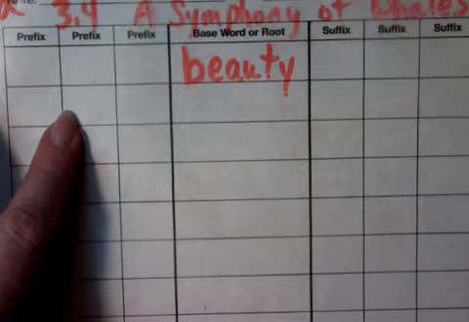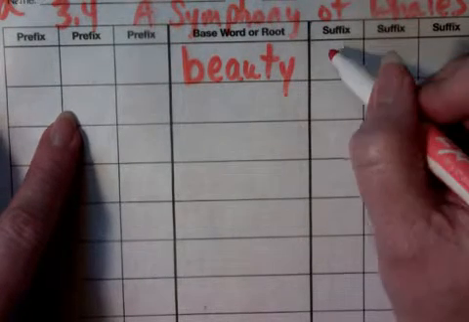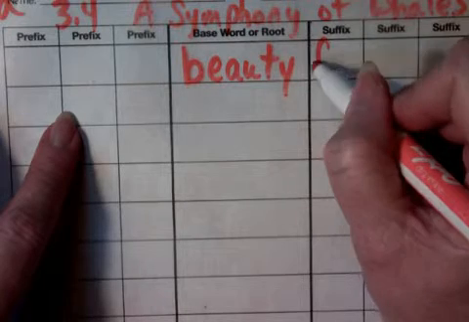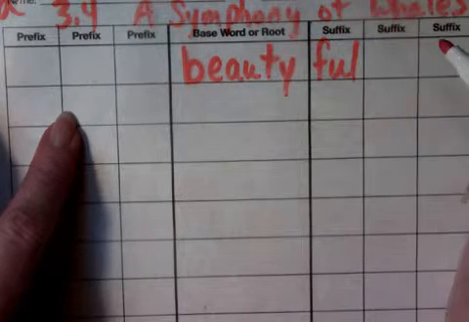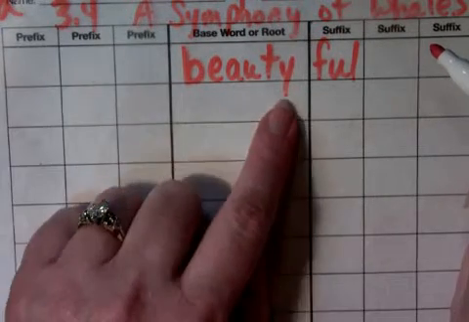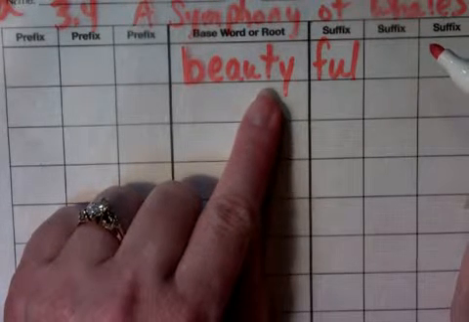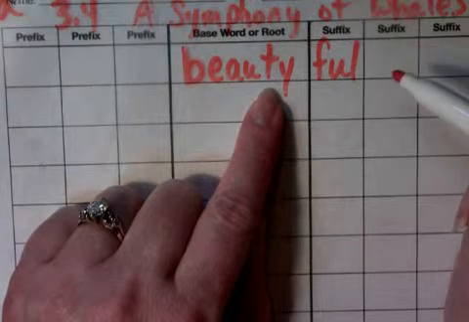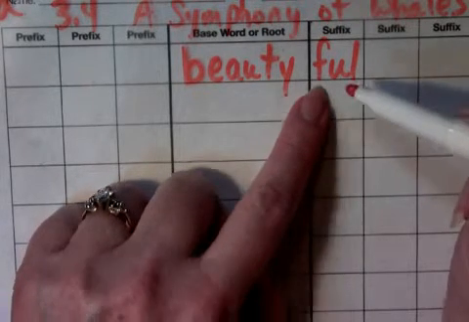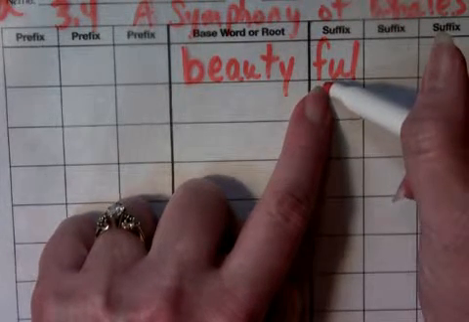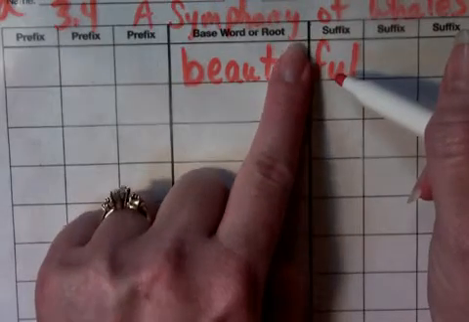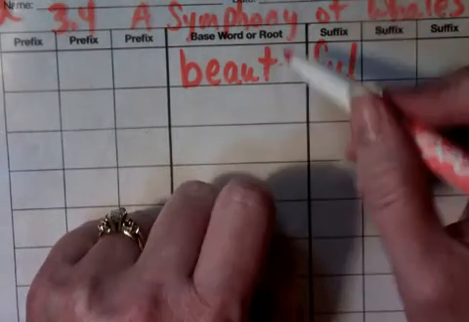The suffix we're going to add is full. Now, the Y at the end of the base word with a consonant in front of it, we change the Y to an I except for when the suffix starts with an I. There's no I, so we change the Y to an I and add the suffix full.